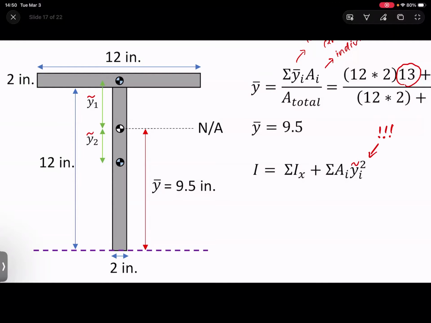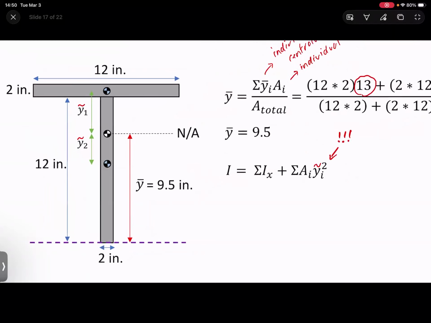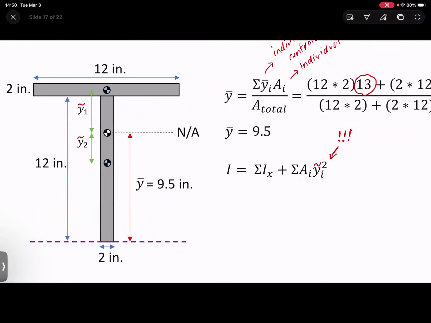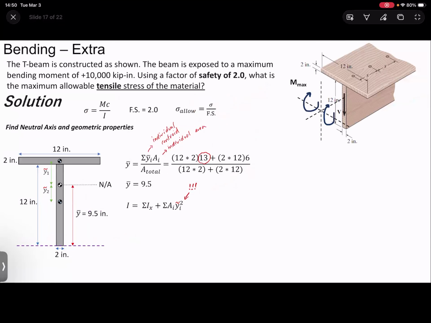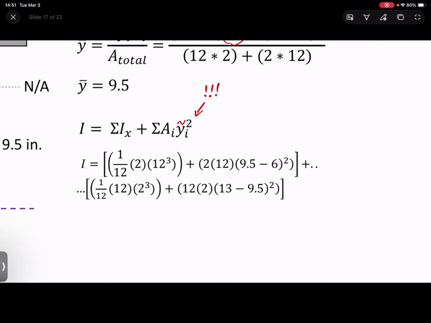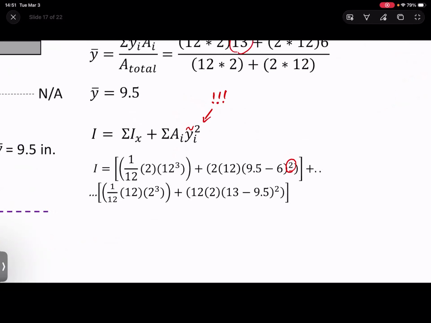So we can find the area of each individual one. We can find the moment of inertia of each individual one. And all the parallel axis theorem is the sum of all of these points individually. So I'm going to go through that math here. I didn't put units in there because I didn't want to scare you, but everything is in inches. And remember, don't forget this squared here at the end to find the y tilde i.